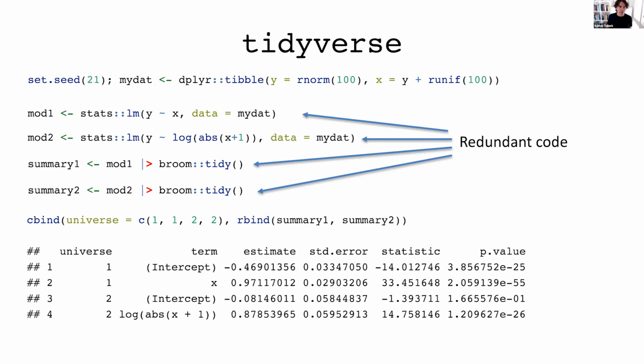A few times is okay, but once you get into 10, 20, it becomes very redundant and error prone. So ideally, students would write a function to do this, or they'd use a built-in function. And I think that's what the next package, Multiverse, tackles.